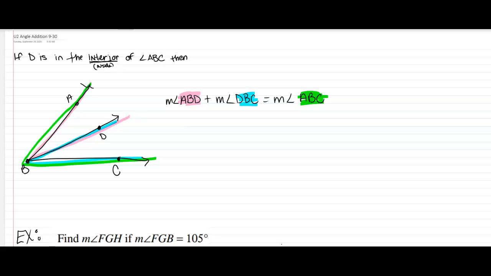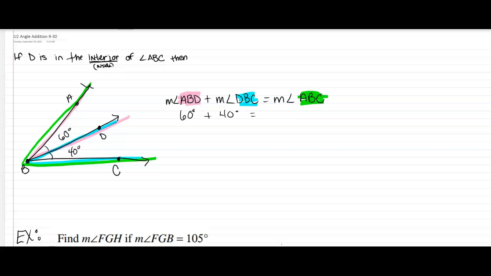And what if I said that the measure of angle ABD is equal to 60 degrees and the measure of angle DBC is equal to 40 degrees? Well, we can substitute these values. You've got 60 degrees for ABD, and the measure of angle DBC is equal to 40 degrees.